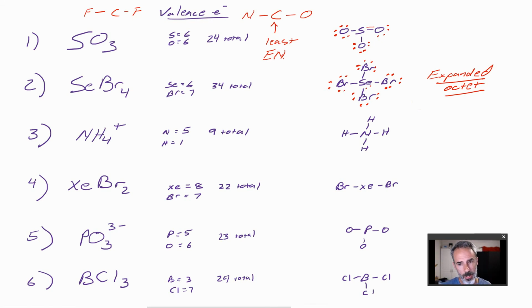We're going to stop right here and explain why that is. What's happening with selenium is, let's see if I can draw a periodic table, these atoms are filling up their p orbitals. And once they get beyond 8, if you're in the 3rd row down, you're filling up the 3p orbitals.